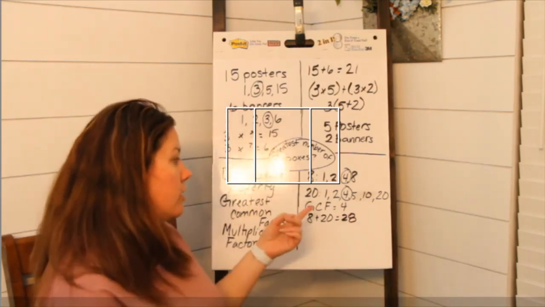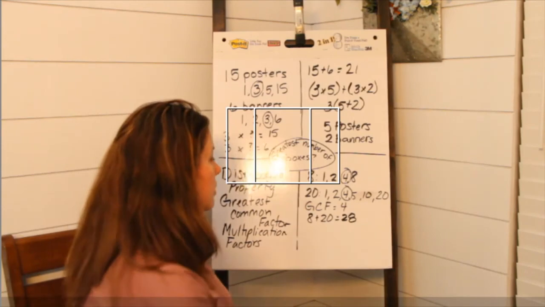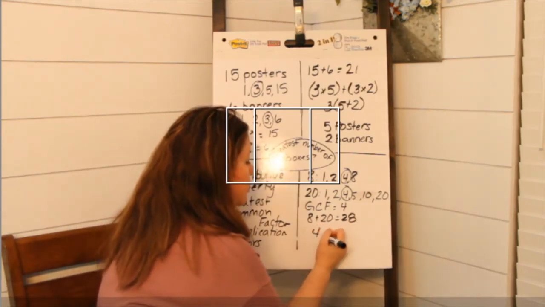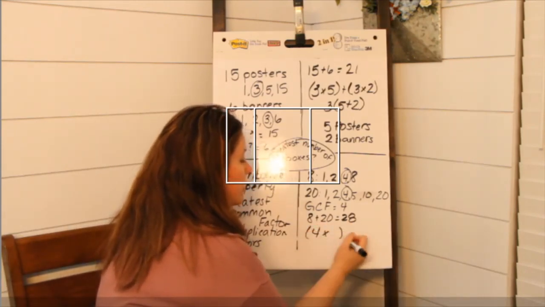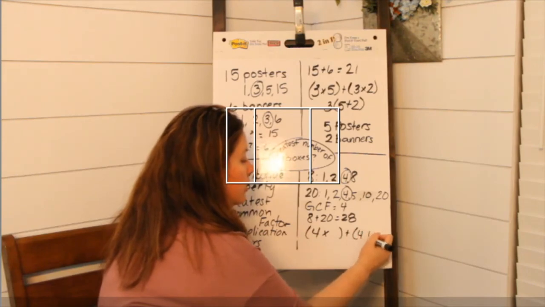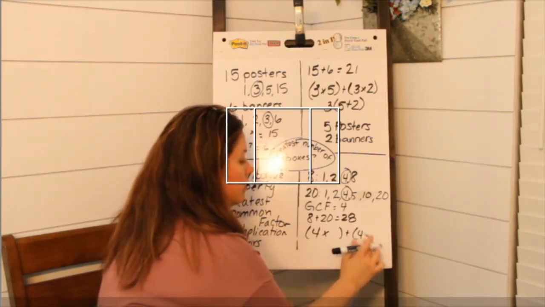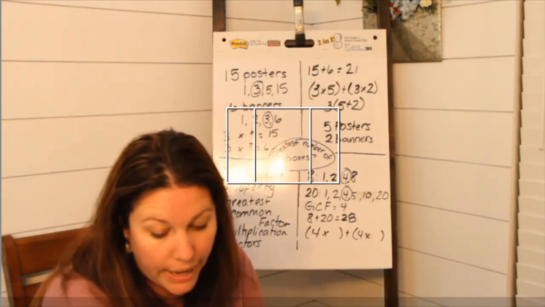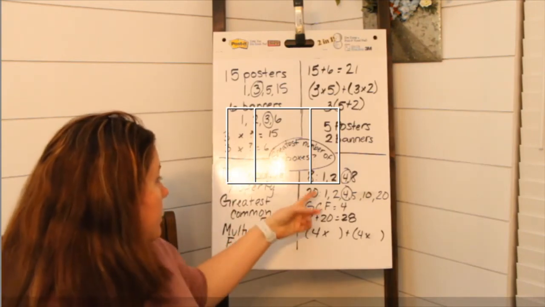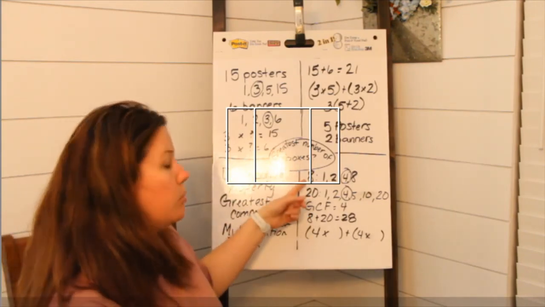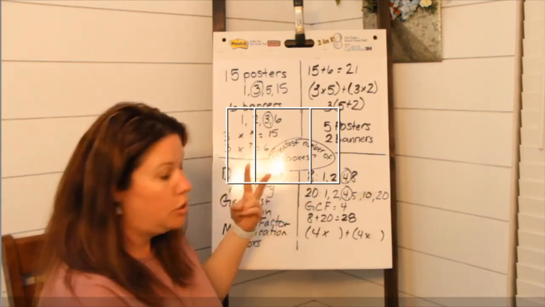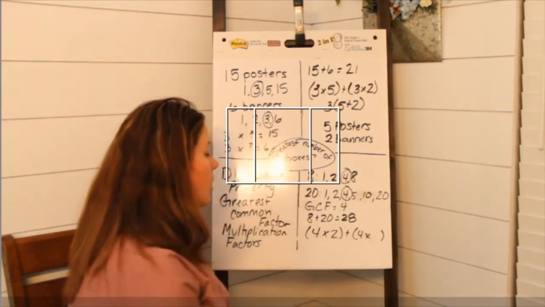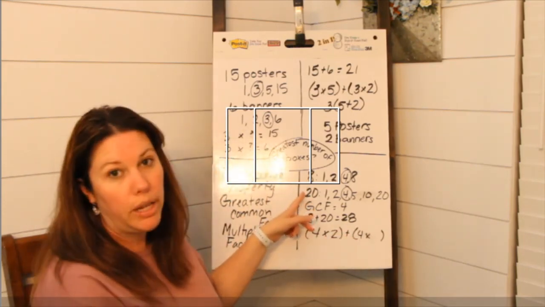So if my greatest common factor is 4, then that means I'm going to be multiplying 4 times a number plus 4 times a number. So what am I multiplying 4 by to get these numbers? 4 times what equals 8? 2. 4 times what equals 20? 5.